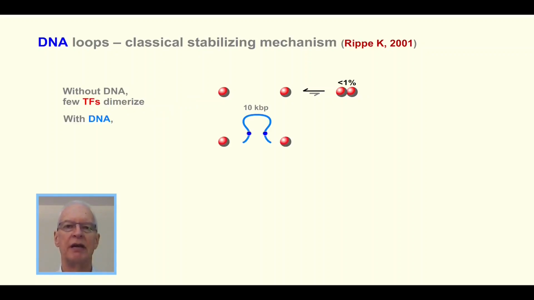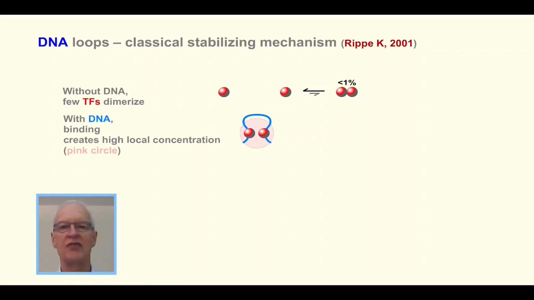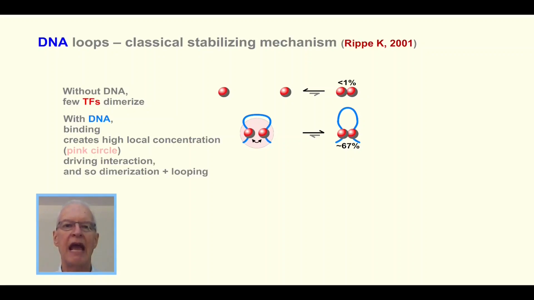However, if DNA is also present, which has two binding sites 10 kb apart, one and then the other might bind, and then this creates a high local concentration. One is tethered to the other through the intervening DNA, and so they're much more likely to interact and dimerize, and so stabilize a loop, which will remain for as long as one or other of the factors remains bound.